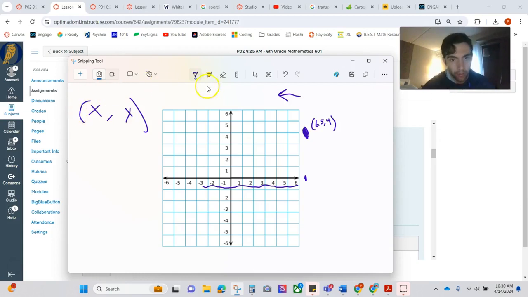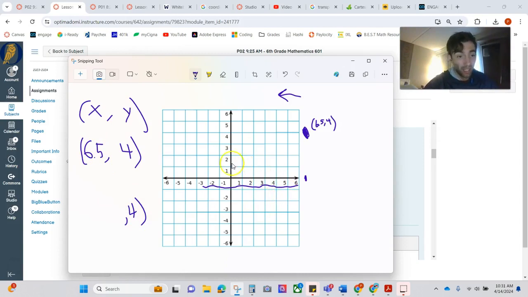The y value tells how far up or down we go. Since we're staying at the same height, I know that my y value is going to stay as the number 4 for my answer to this question. But my x value is going to change.